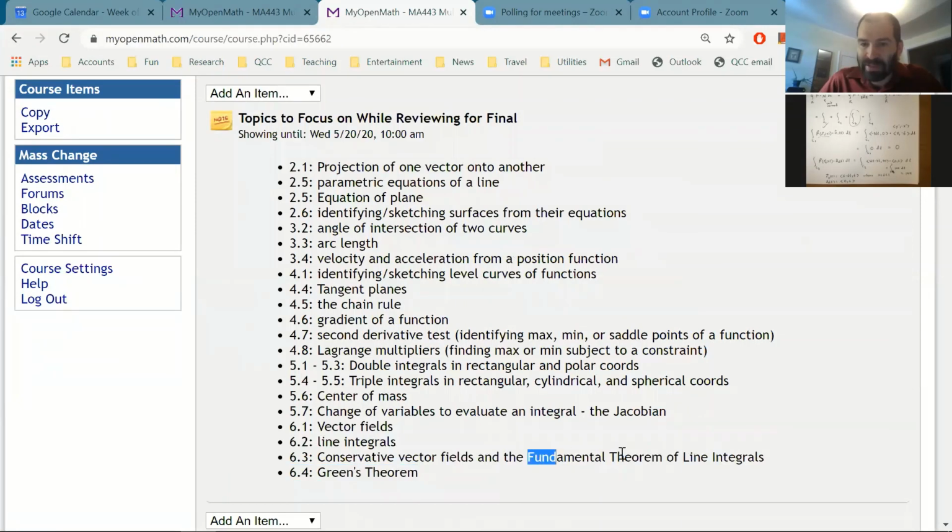Fundamental theorem, I mean, look at it, it's called fundamental. Got to put that on the final. Actually carrying out a line integral, I think that'll be on the final. So certainly, I'll go in and make those bold, all right? I'll make a note of that. These will certainly be topics on the final exam, okay?